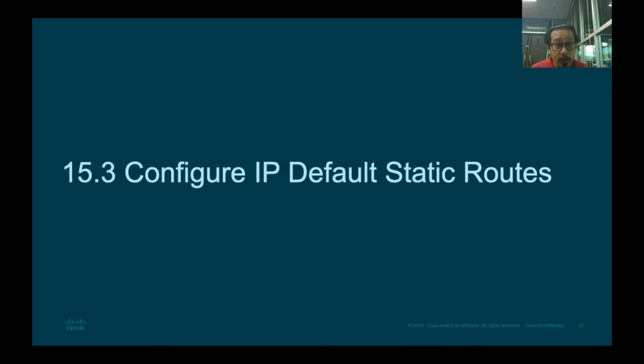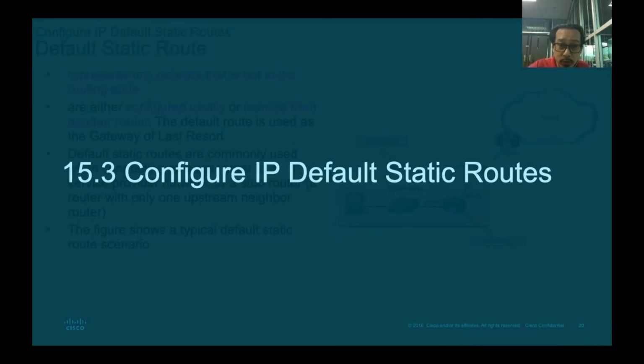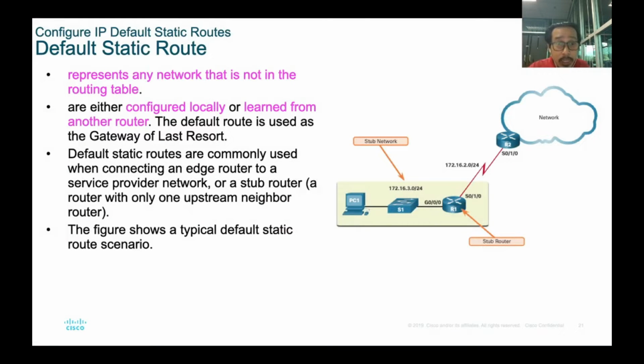So we are going to resolve all other networks as one default route. Most of the time, we call the default route a route to the internet, from our local network to the internet.